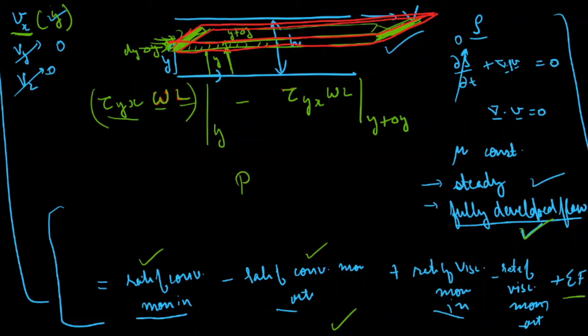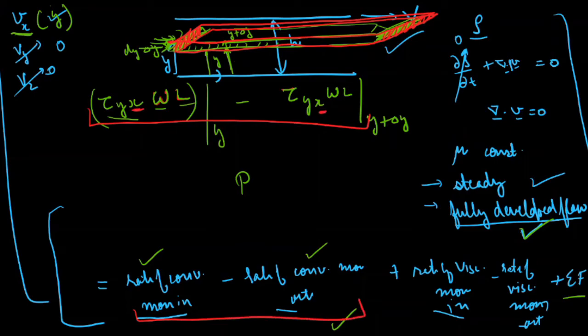If pressure is being applied, then it will be applied at this surface and at this surface, because here, as in the convective momentum, we were talking about x momentum everywhere. So if we are talking about x momentum, then we will have to talk about all the forces that are being applied in the x direction, and at this surface and this surface the pressure will exert a force which will be pointing in the x direction, positive or negative.